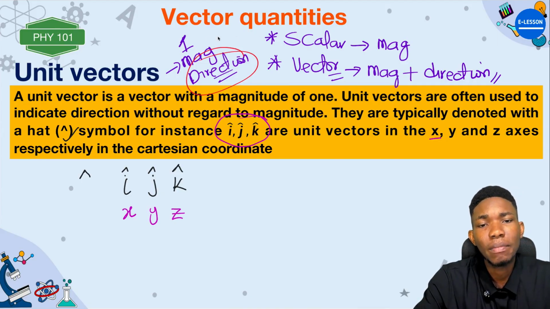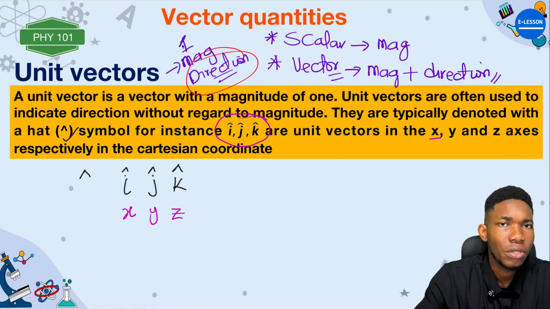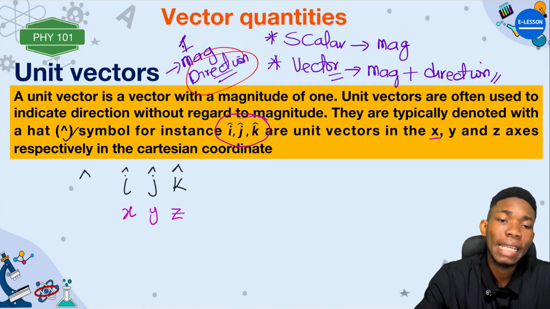So if something has a magnitude of only 1, anything multiplied by 1 is still that same thing. So most times, unit vectors are used to only indicate direction. Is that understood? We said it is used to indicate direction only without affecting the magnitude of another vector it might be multiplied with. Why? Because anything multiplied by 1 is still that same thing.